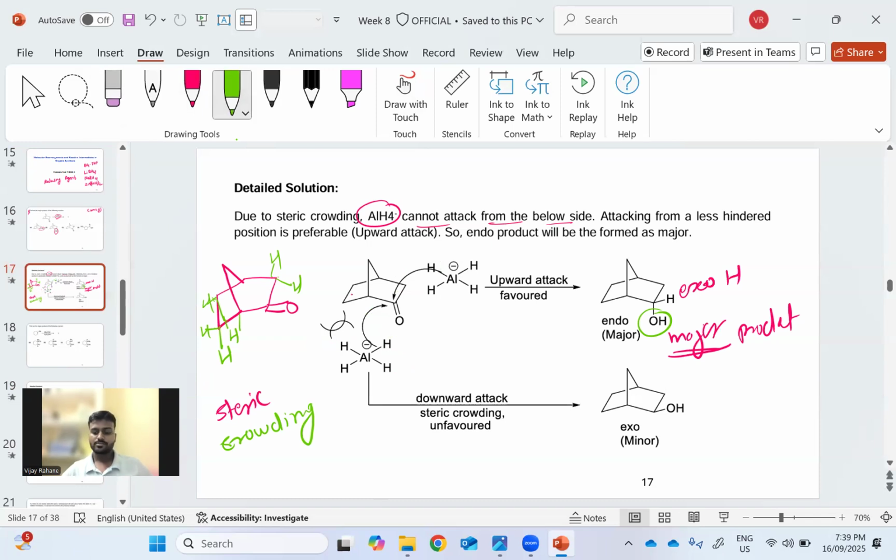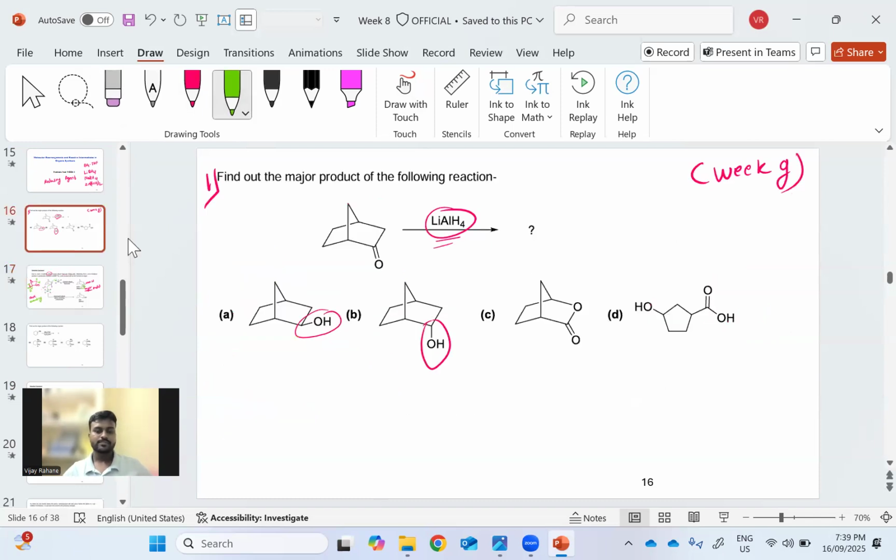So this was the reason. So what product will you get in this question? The endo hydroxy group will be in the product. So that's the major product we get. And this one is obviously not the correct product. It is formed by the attack from the downside, but the downside attack is not preferred due to the steric crowding.